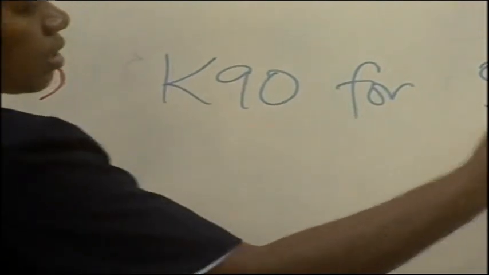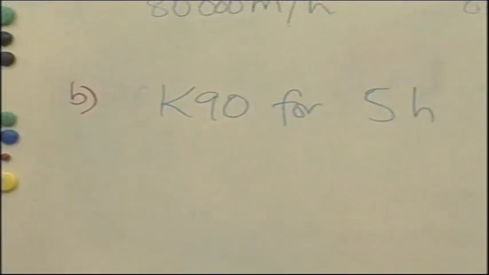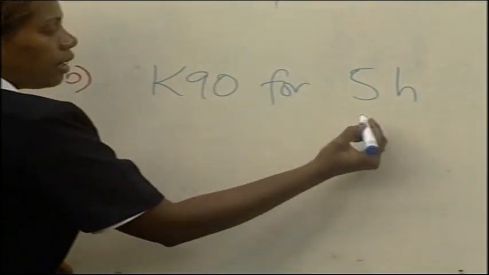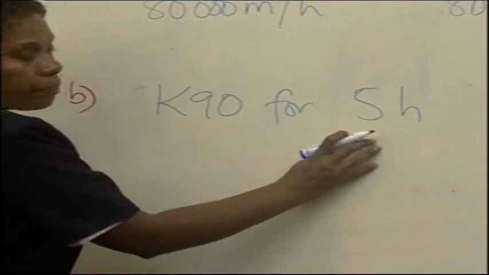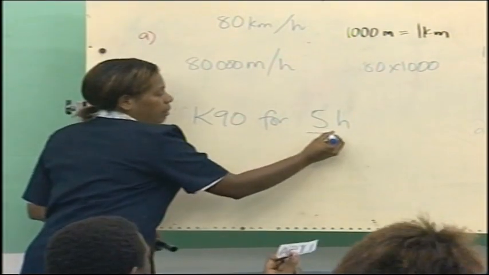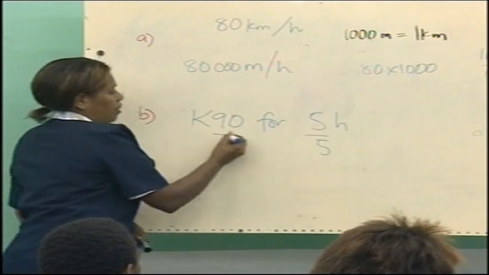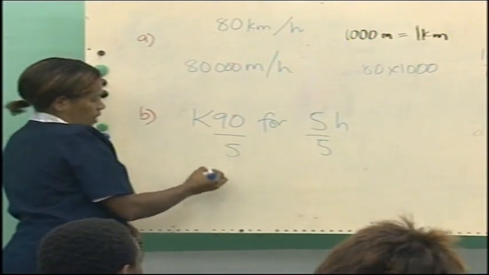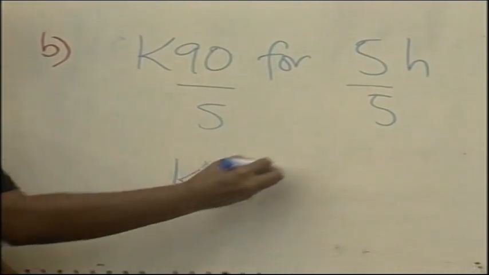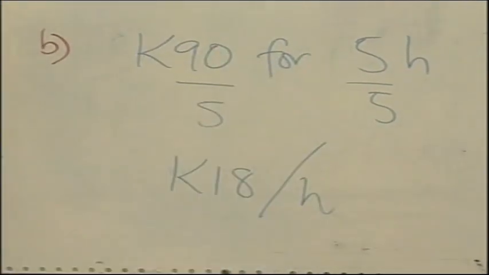Okay, good. What will we do here? Divide by 5. 90 divided by 5 is 18 kina per hour.